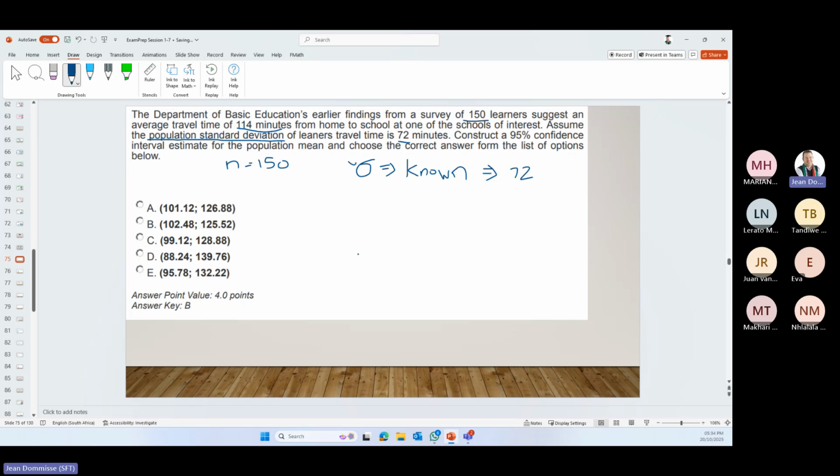So then let's go to our formulas. We need x-bar plus minus z times standard deviation divided by the square root of n. Because we know the standard deviation, the z can take three numbers for you in the exam.